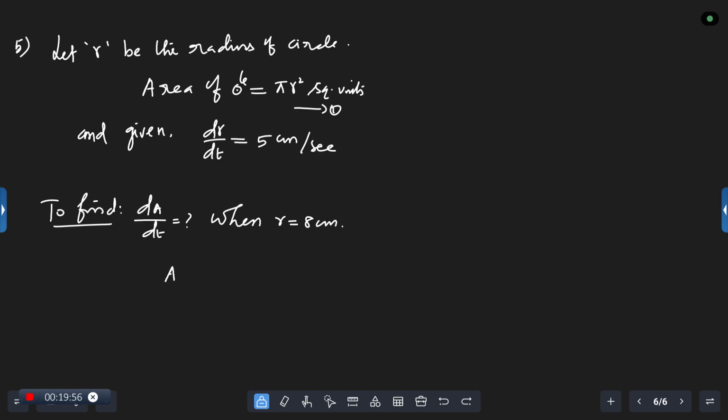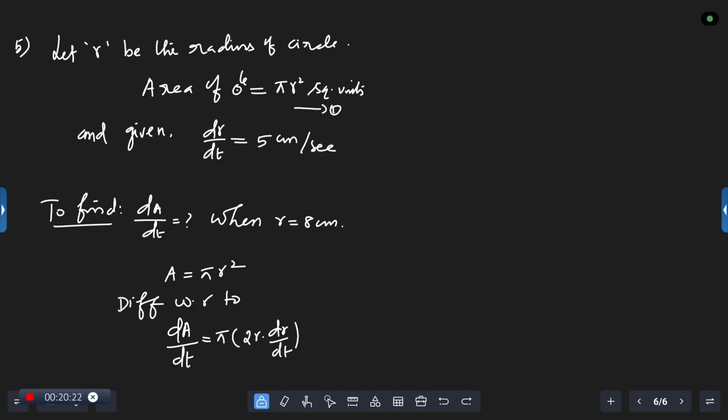Now, A equal to what? Pi r square. Differentiate with respect to what, now? With respect to t, time. That is dA by dt equal to pi into 2r into dr by dt, correct?